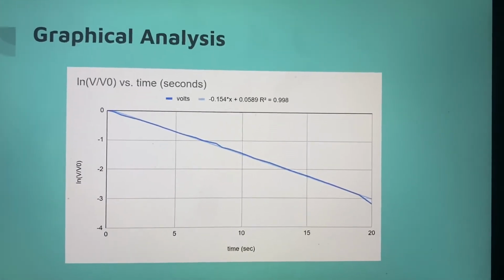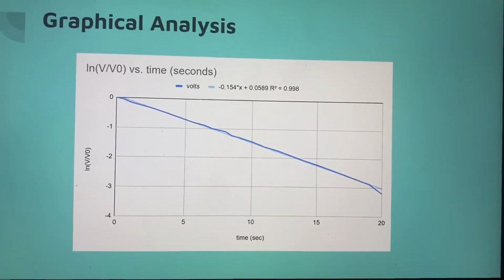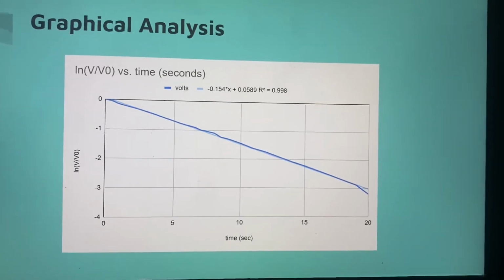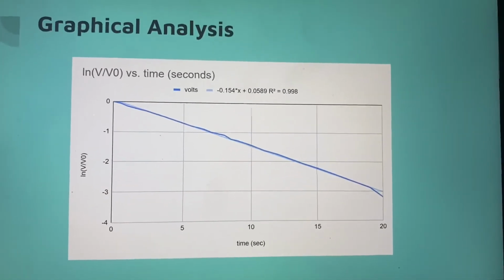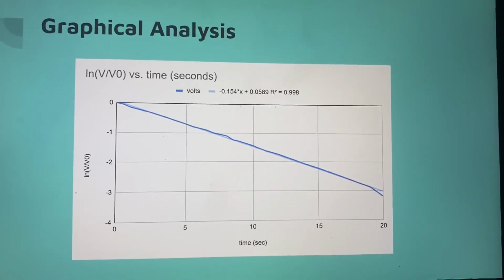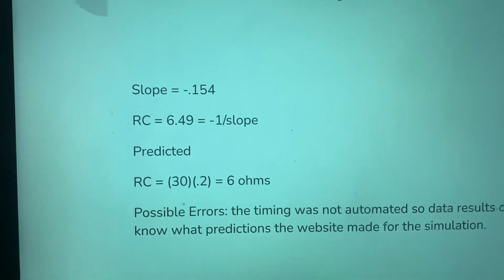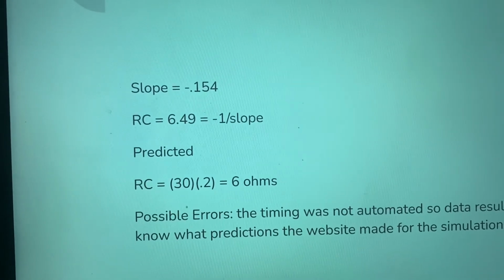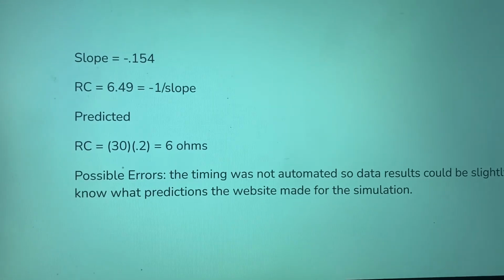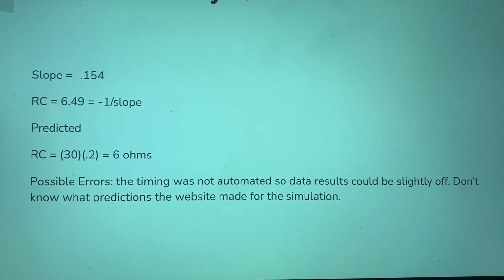Then you take the natural log of it, using one of the equations for an RC circuit, and you get a linear line between the natural log of the potential difference over the initial voltage and time. The slope is negative 1.45, and then the RC is equal to 6.49, but the predicted one should be 6 instead of 6.49, meaning that there was possibly some error.